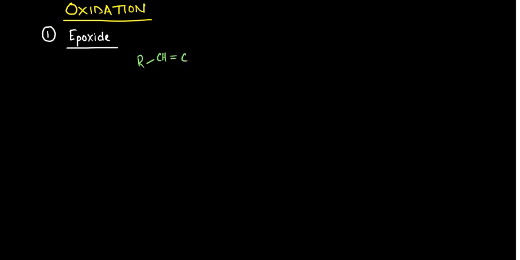This is an alkene. If you use oxygen for oxidizing it, a very small amount of oxygen is required in presence of silver, and the temperature will be from 200 degrees Celsius to 400 degrees Celsius, 473 Kelvin to 673 Kelvin.